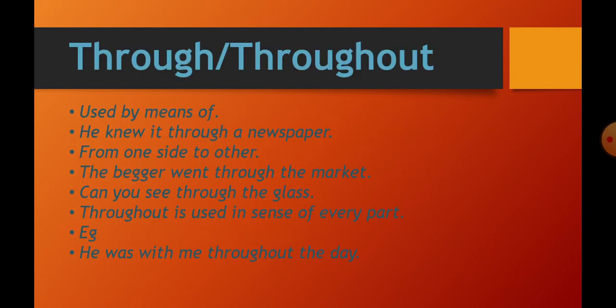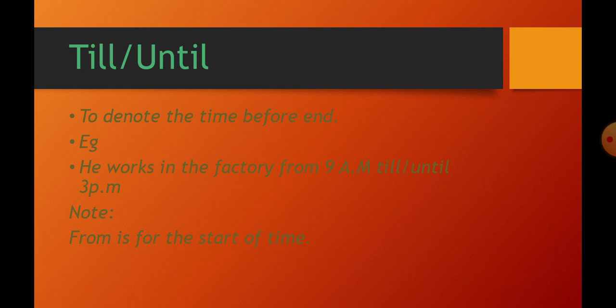The first one is till or until. They denote the period of time before the end. Example, he works in the factory from 9 a.m. till 3 p.m., or he works in the factory from 9 a.m. until 3 p.m. That means till 3 p.m., that means before the end of 3 o'clock.